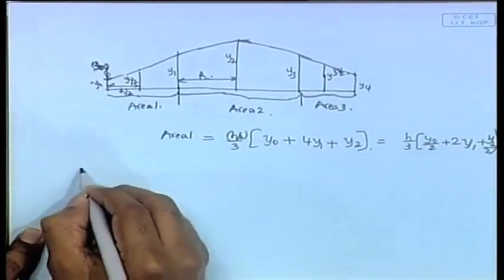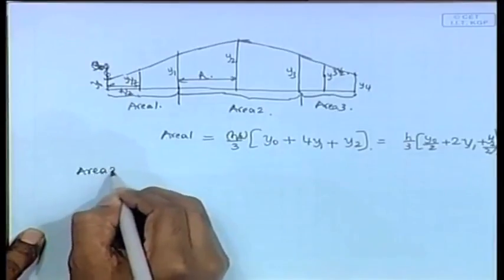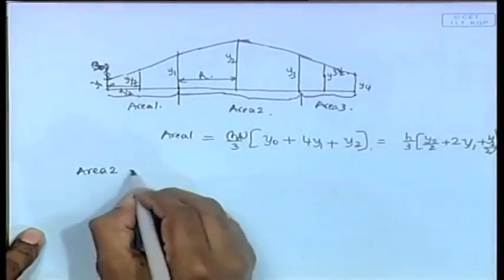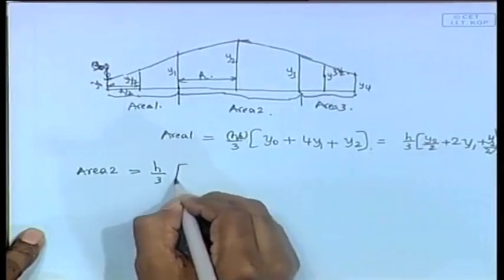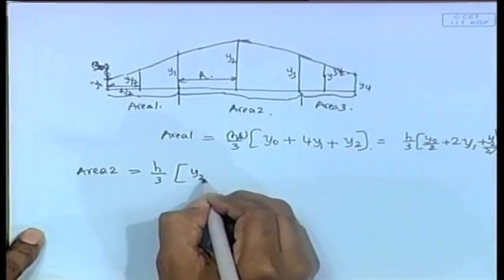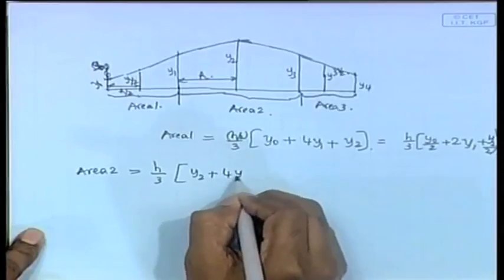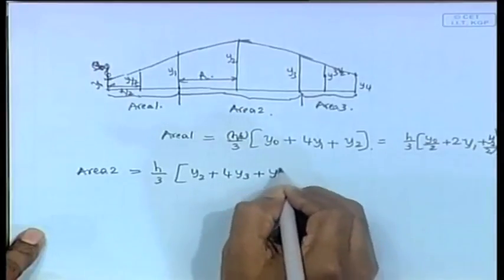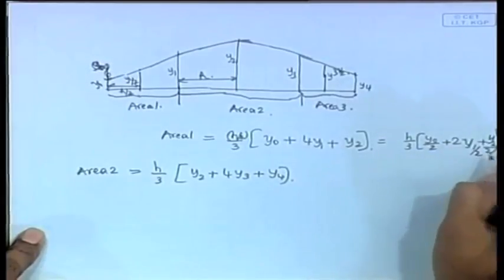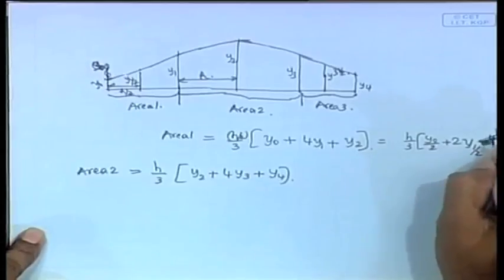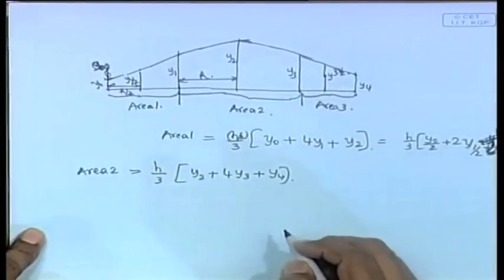Then the area of the second section is given by h by 3 into y 1 plus 4 y 3 plus y 4. Sorry, I made a mistake there.